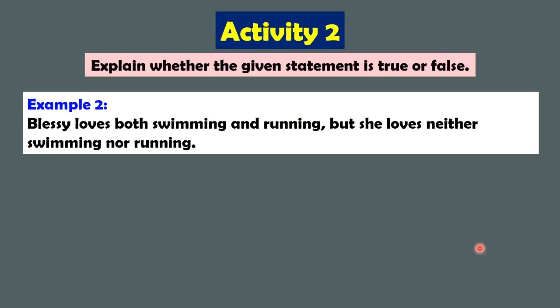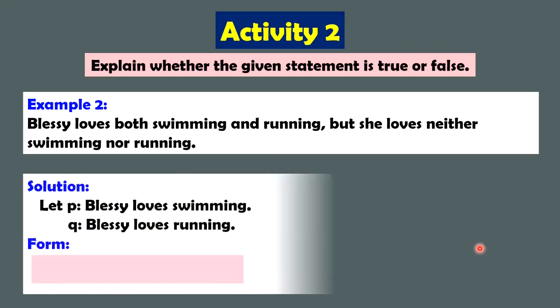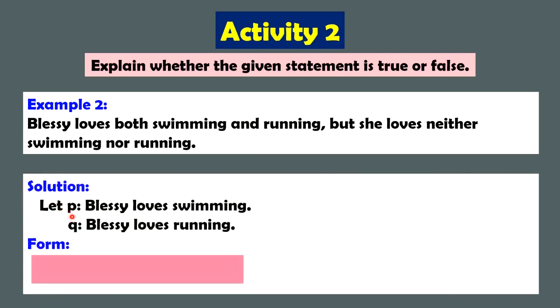Same thing, we'll write it into symbols, actually propositional form. We let P be the statement "Blessy loves swimming," and Q be the statement "Blessy loves running." Let's read example number 2. "Blessy loves swimming and Blessy loves running." How do you write that into symbols? You have P and Q, like this.